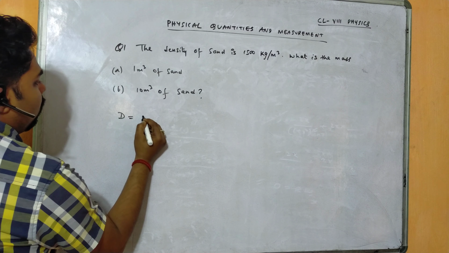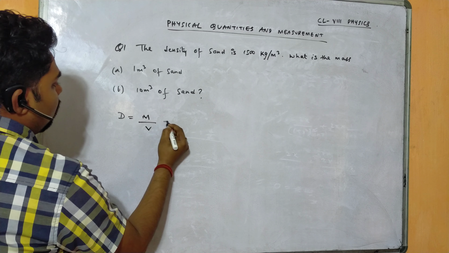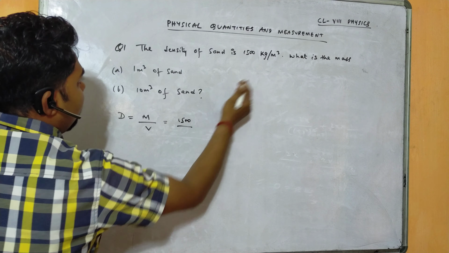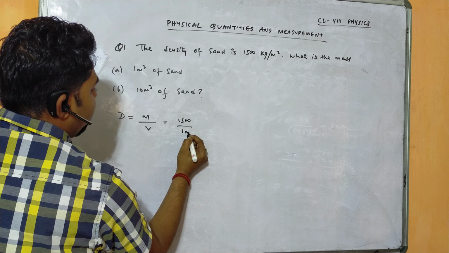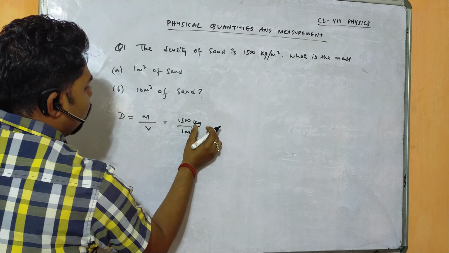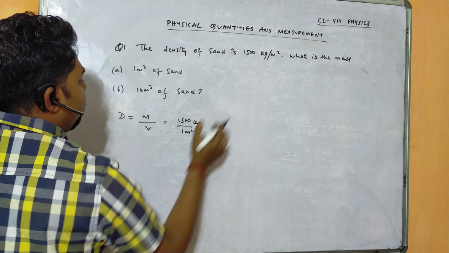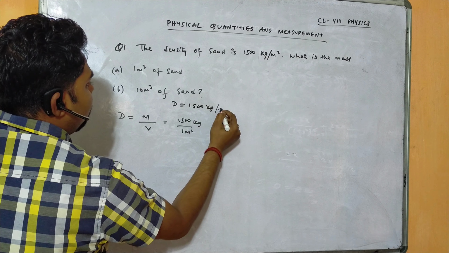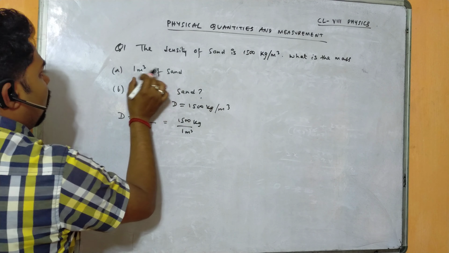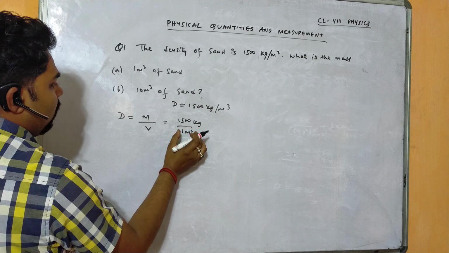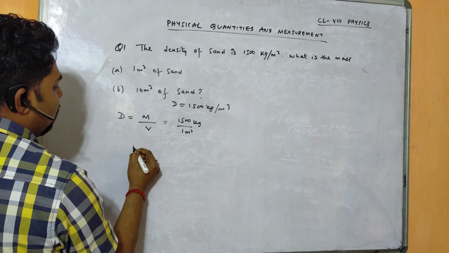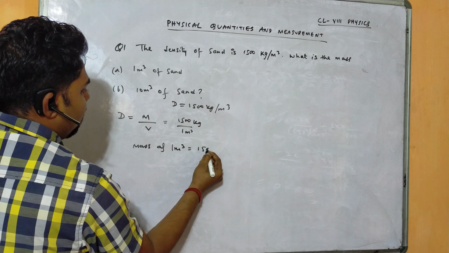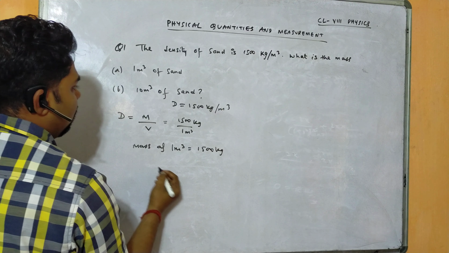So density we know is mass by volume. So how much is the mass? That is 1500, and volume means 1 meter cube. This is kg, so that's why we say kg per meter cube. The density is given here, 1500 kg per meter cube. So in 1 meter cube what is the mass? Mass of 1 meter cube equals 1500 kg.